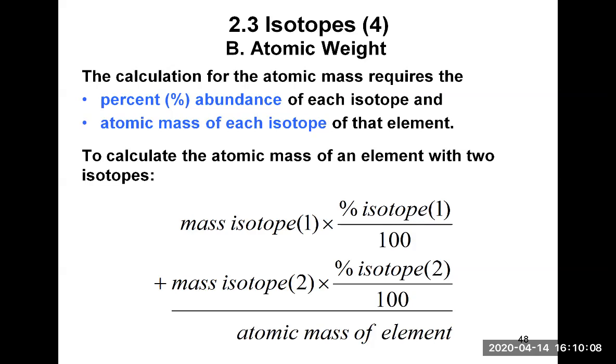Then you add those two contributions and you obtain the atomic mass of the element. There is a formula provided in the reference packet to remind you how to calculate atomic mass.